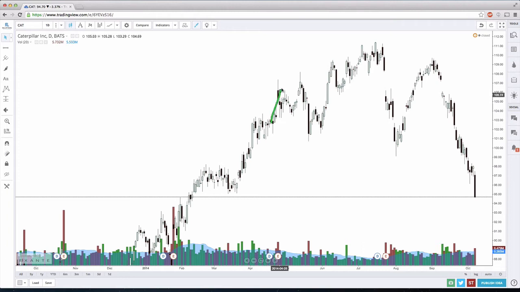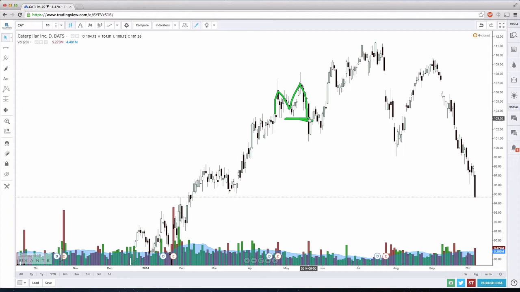Same scenario right here. So this was another scenario where you have that peak, the second peak, which is much, much higher. But again, this is a very, very large double top. This one is in the span of about a month and a half, give or take almost 2 months. So it's a pretty large one. Now, again, had you taken this, you definitely would have closed below the neckline.